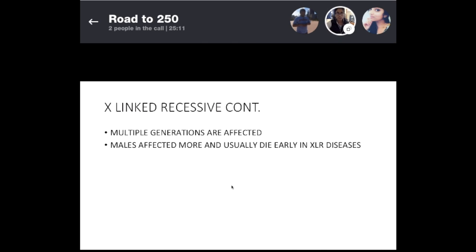So multiple generations are affected in X-linked recessive. And there's no male-to-male transmission seen, so that can be diagnostic. Sorry, I want to take back that multiple generations are affected.